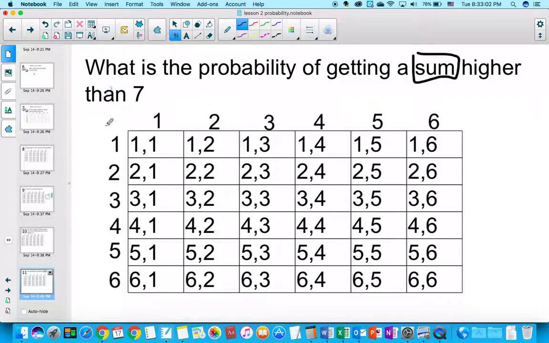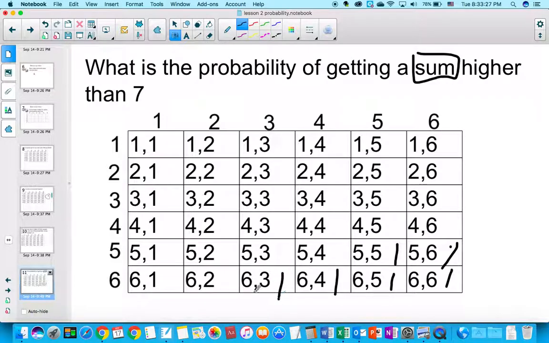So, for example, let's look at 1 and 1. Well, 1 plus 1 is 2, so it's not greater than 7. That's not part of the outcomes we're looking for, right? 1 and 2, no, no, no. So let's start high. 6 and 6, well, that's 12, so yup. 5 and 6, yup, yup, right? I'm just marking them as we go through.